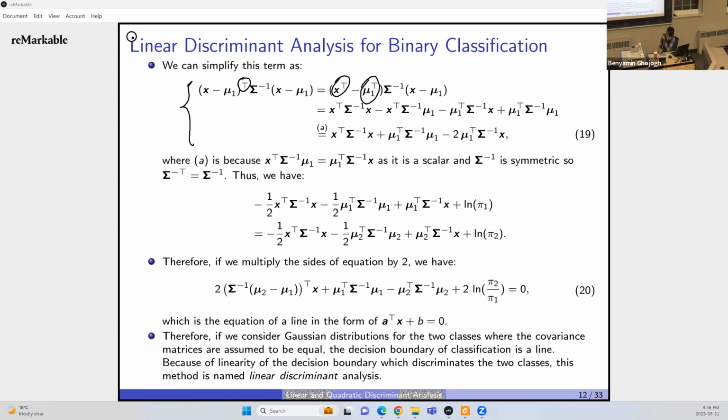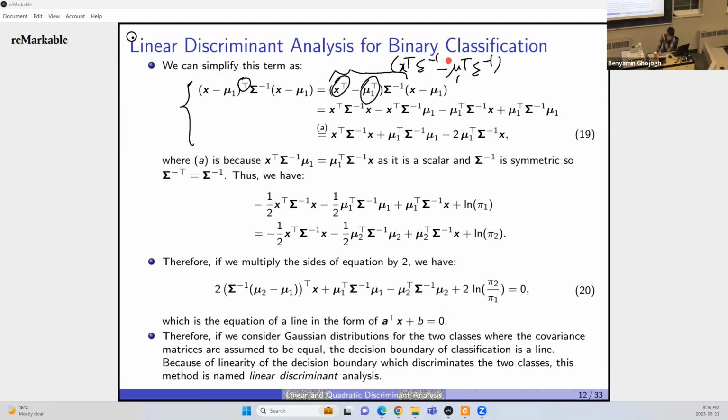Agreed? Then how many terms do I have? Four terms: two terms here, two terms here. Multiply the terms to each other. First, we'll have x transpose sigma inverse minus mu1 transpose sigma inverse, times x minus mu1.